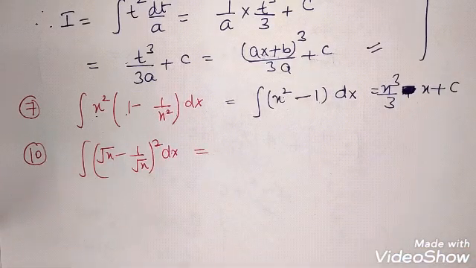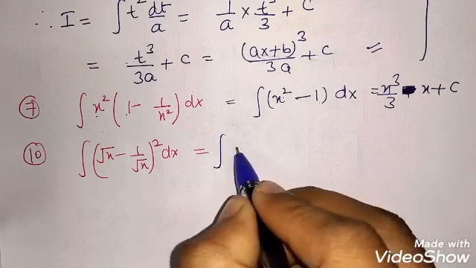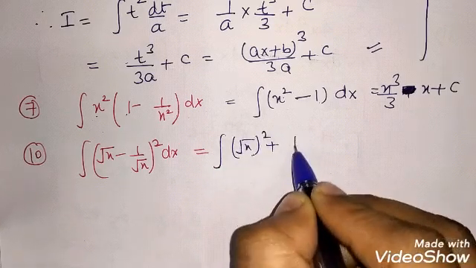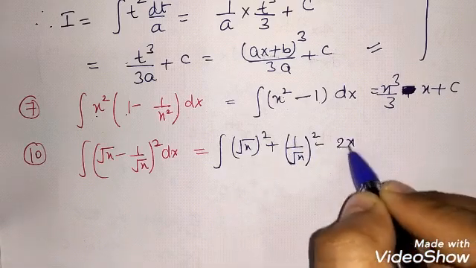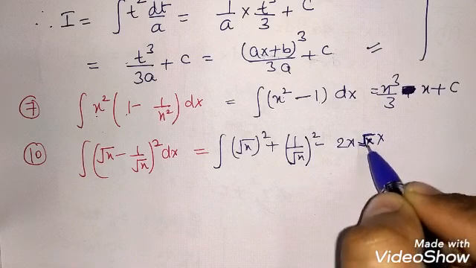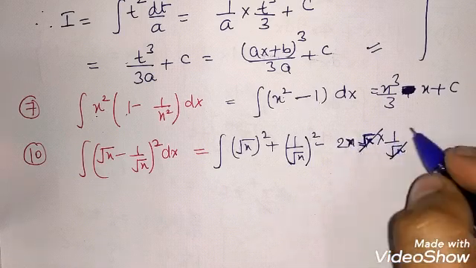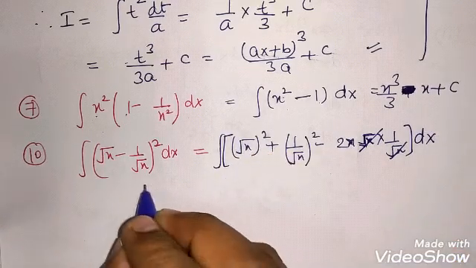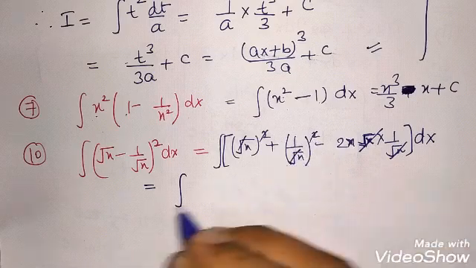This is (a minus b) whole square, which is a square plus b square minus 2ab. Here, I am writing into 1 upon root x. The root x will be cancelled, and outside it this is dx. Simply you can write integration of x plus 1 upon x minus 2 dx.